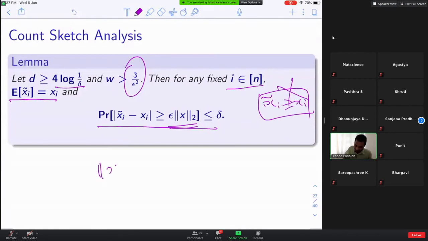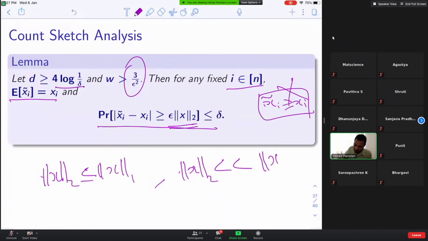Now, in many cases you can verify this. And in some cases the L2 norm is much smaller. Suppose you have a vector where everything is 1000; you can verify it, but let's not spend too much time on that. So this is true.